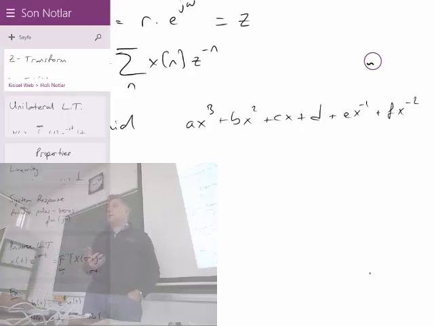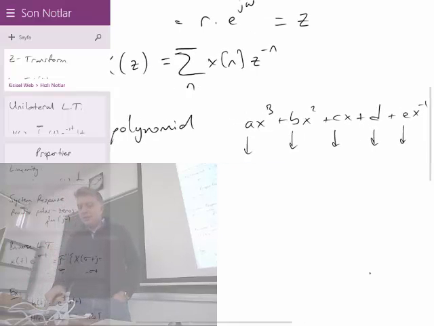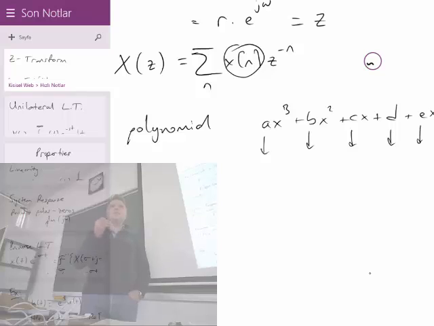For instance, this is a polynomial. And the above expression for the z-transform will be a polynomial in z, not x. But what are these a, b, c, d, etc.? What are these coefficients? Look at the formula again. The coefficients are here. They do correspond to the time signal itself.